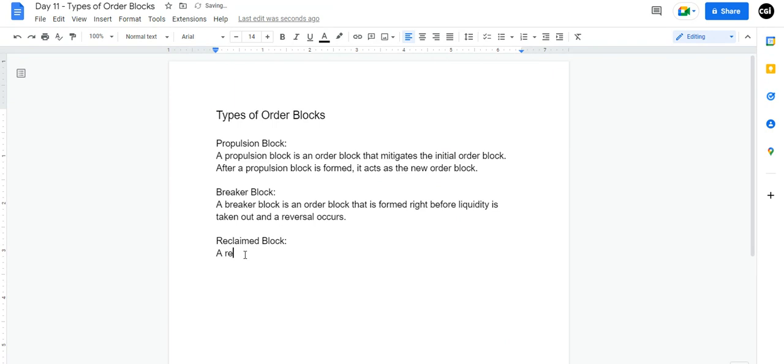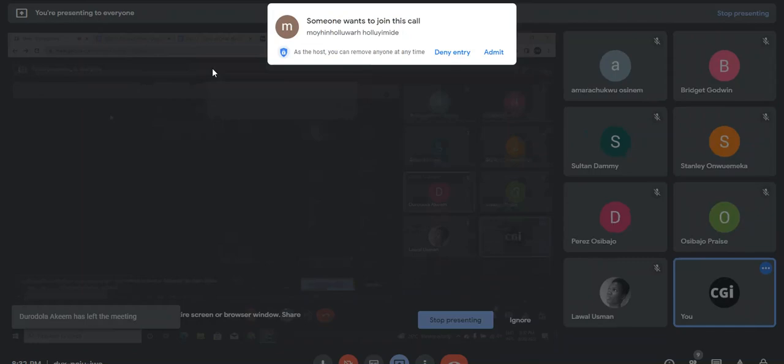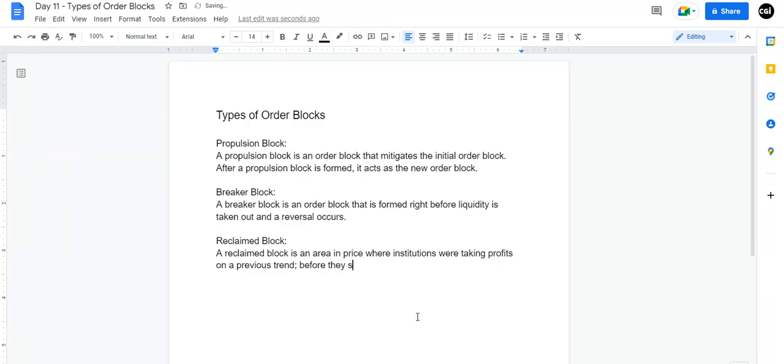So a reclaim block is an area in price where institutions were taking profits on the previous trend before they switched gears and changed the direction of the trend.